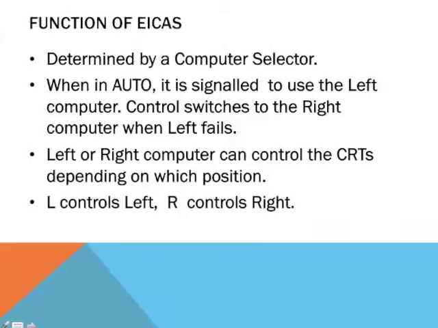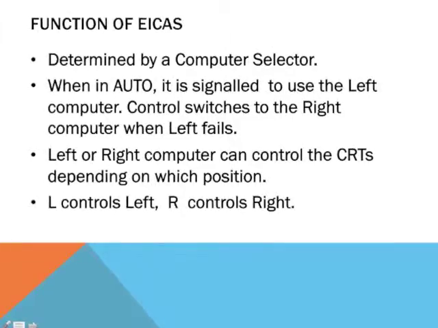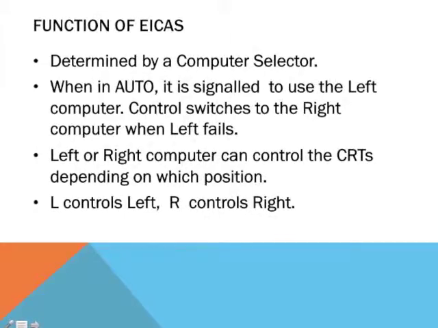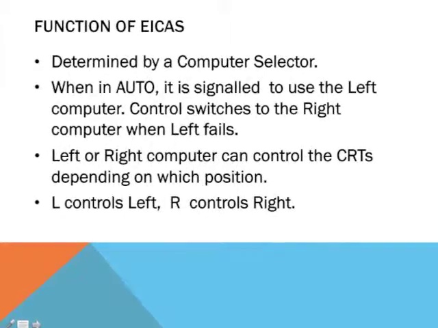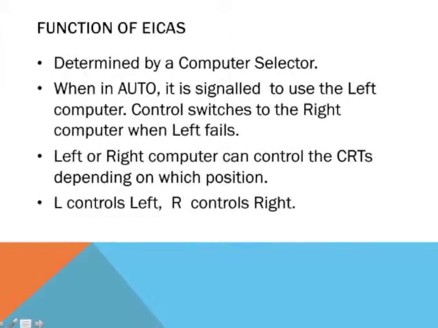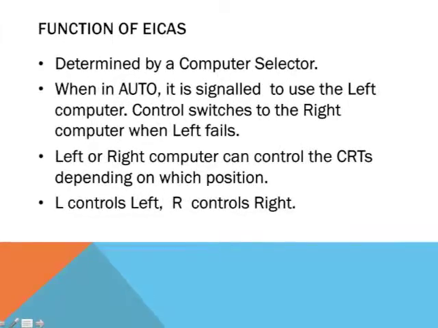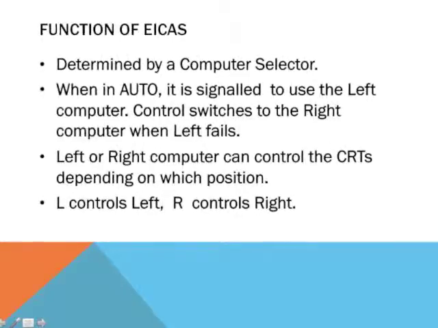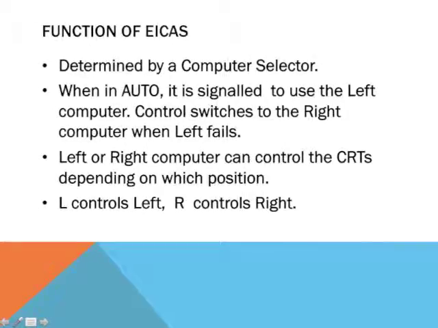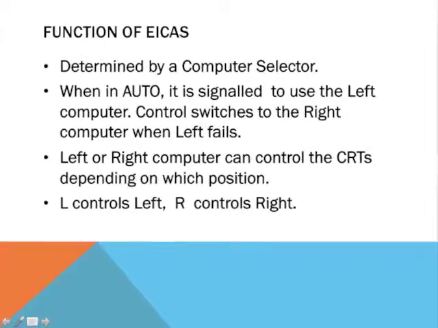Control switches to the right when the left computer fails. Left or right computer, it can control the CRTs depending on which position. L controls the left computer while R controls the right computer. Next, I'll pass on to Lian Eng to continue about ELNFAS.